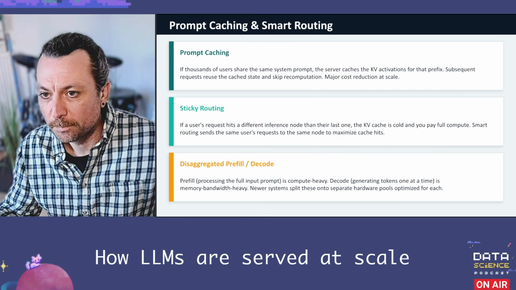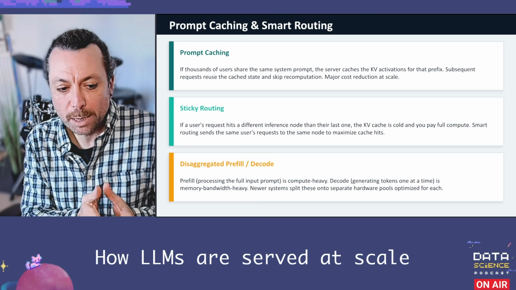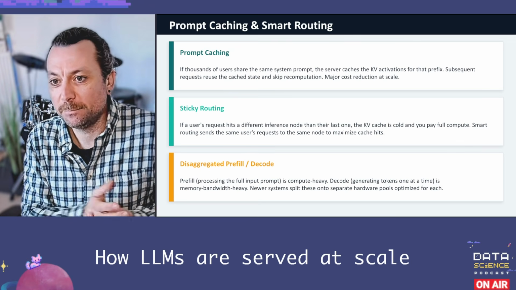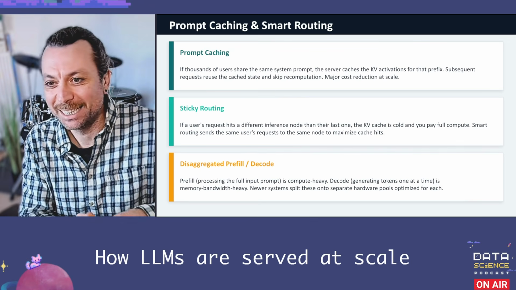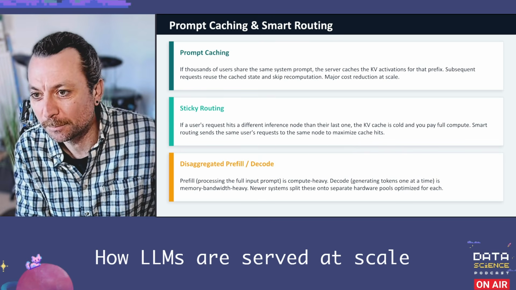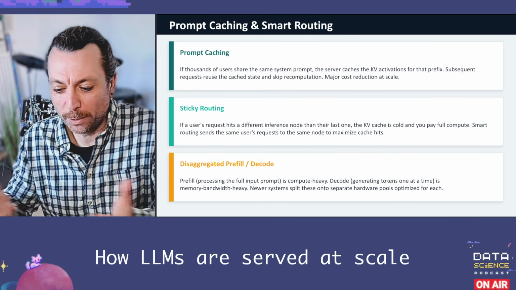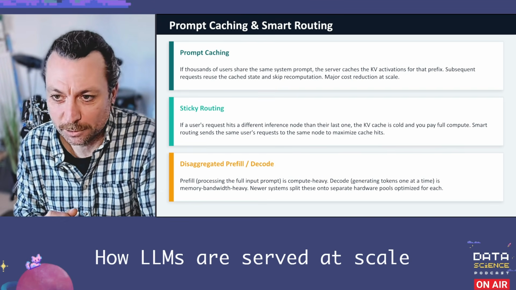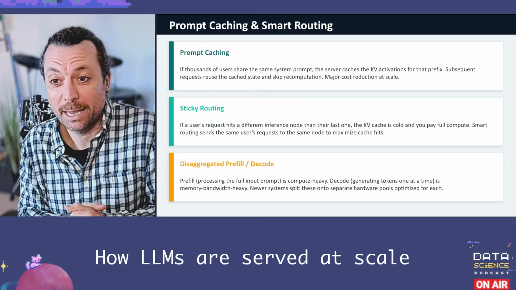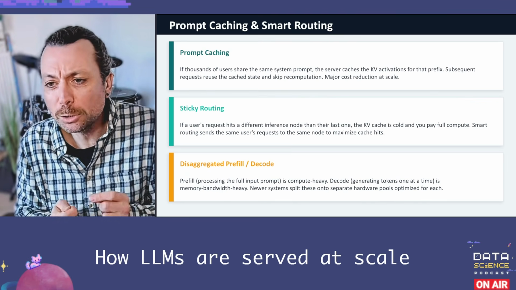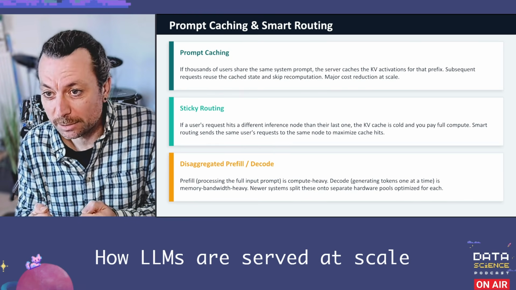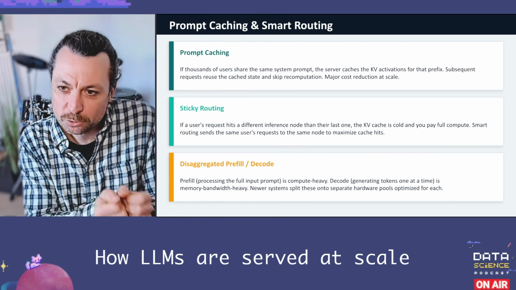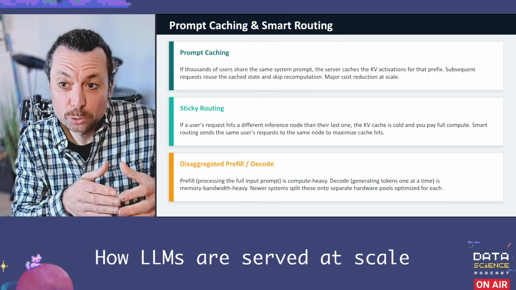Now these are nodes. Now if I keep hitting the same node, what happens is that I have many more chances of hitting a cache, so to find something in that cache and reuse it. If I keep changing nodes, well, when I migrate to another node, I might not find the same cache. I will definitely not find the same cache. And this means that I will have a cache miss. So in order to maximize the cache hits, what they do in the backend is try to route the requests of the same user to the same node.